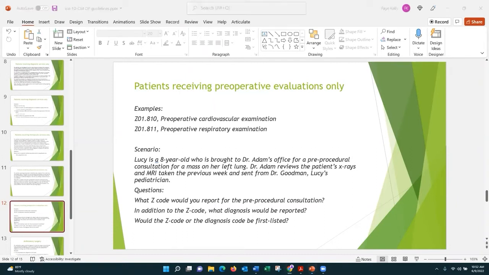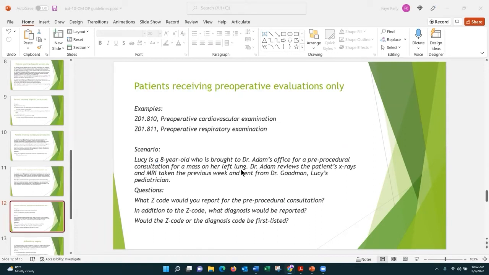So without looking in the code book, what Z code would you report for the pre-procedural consultation? Well, we have it here because I provided it in an example, the Z01.811.